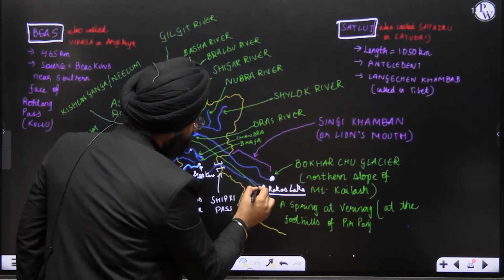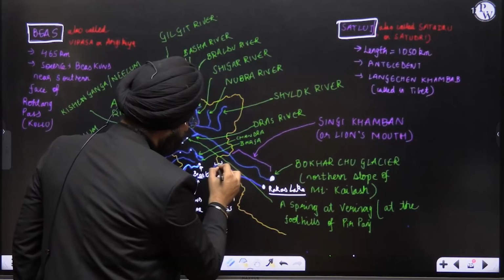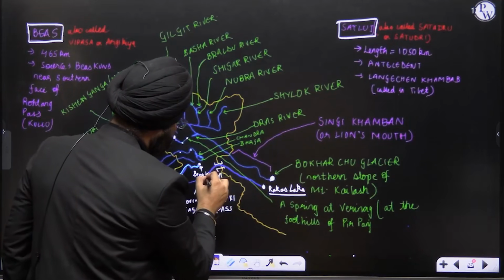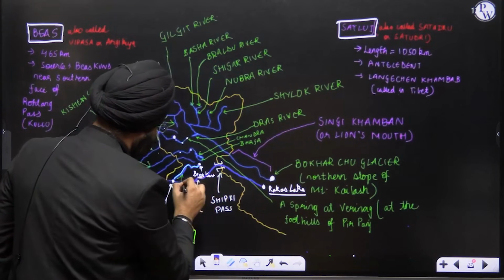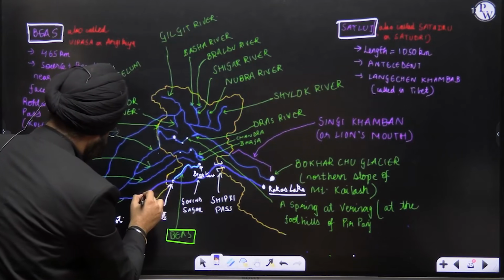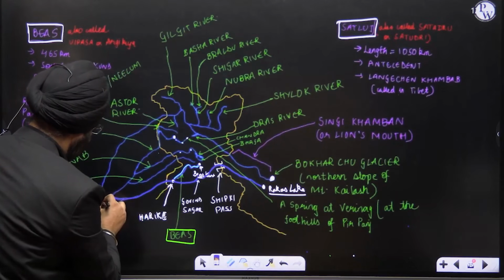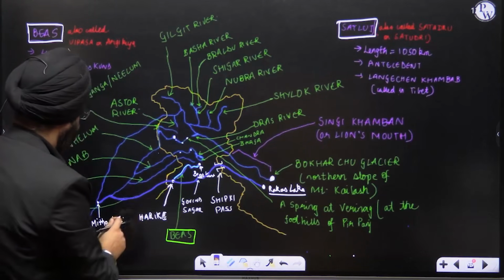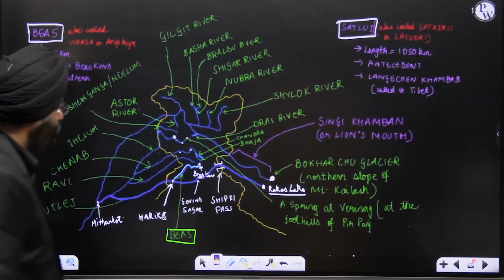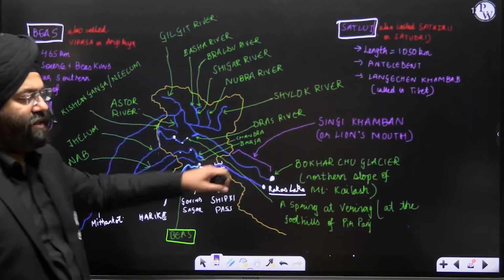From there, this is originating. So, let us first mark it. Clear? So, this is the complete path of the Satluj river, a very long river.